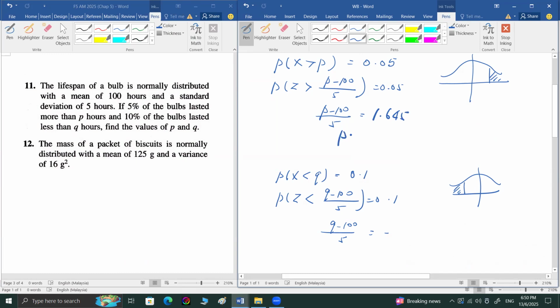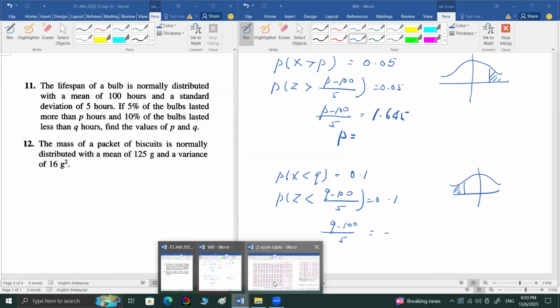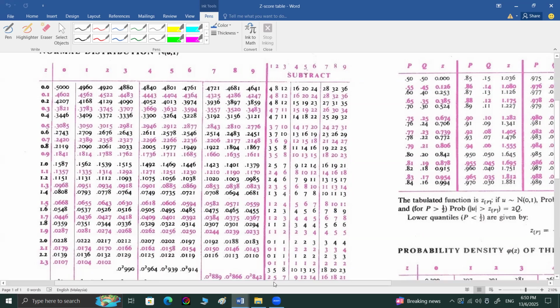This one is direct to get P. Here, 0.1. I get it from the table again to show you. Wait, check where it is. 0.1, somewhere here. 0.1 means 1.28, extra of 3.